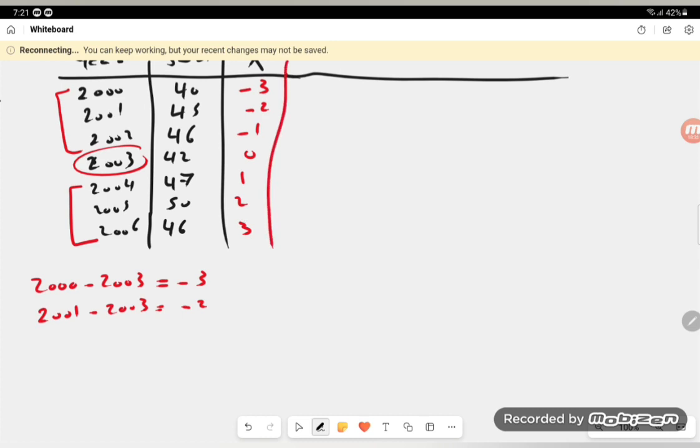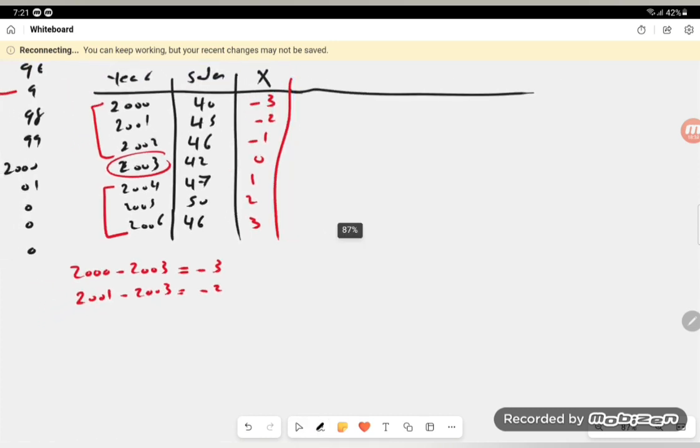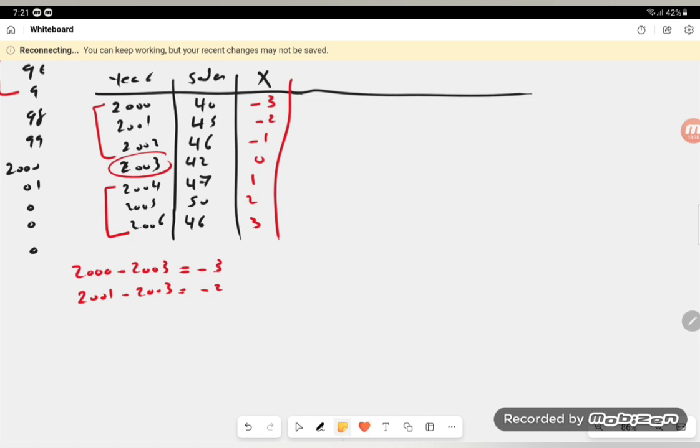So this is the first step, which is the value of x. Now we would like to find x squared and xy. X squared is calculated as negative 3 to the power 2, 9, 4, 1, 0, 1, 4, 9.